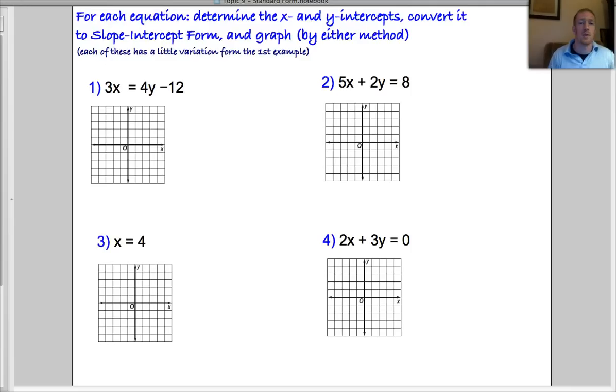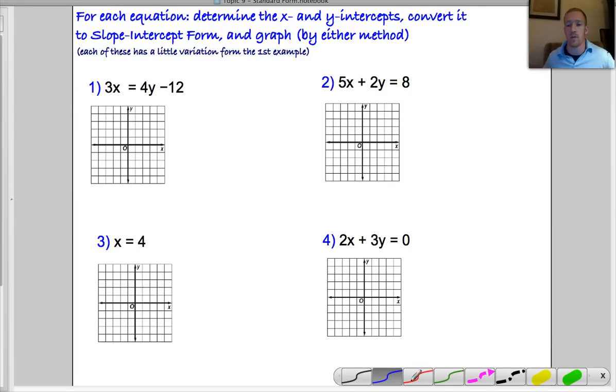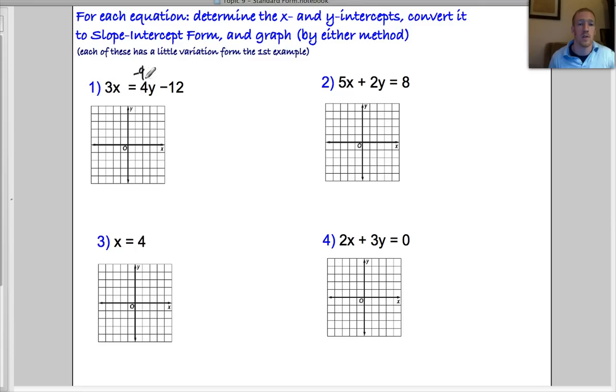So let me show a few of the different little quirks that can happen with these. To find the intercepts, right off the bat, first I want to put it in standard form. So I have to subtract the 4y. And that gives me 3x minus 4y equals 12.